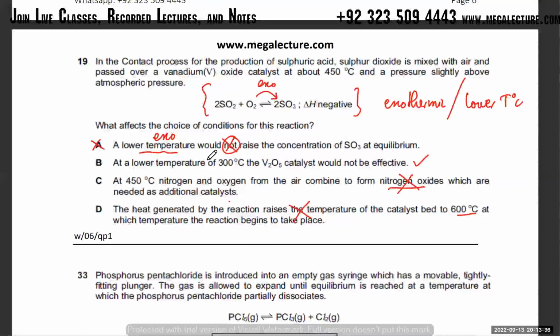The reason you're using 450 is कि बहुत low करोगे ना तो the reaction will not be effective. So I think the only one that makes sense is option B. You can't just lower the temperature too much because the rate of the reaction decreases a lot. Is that clear?